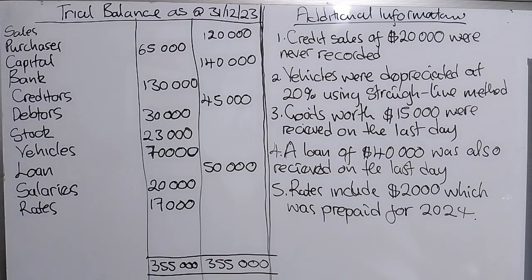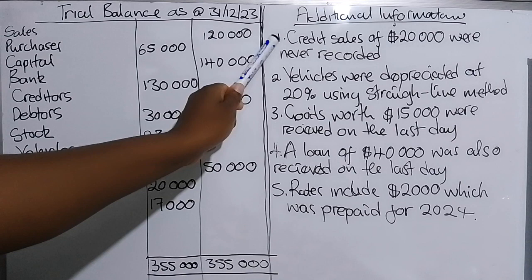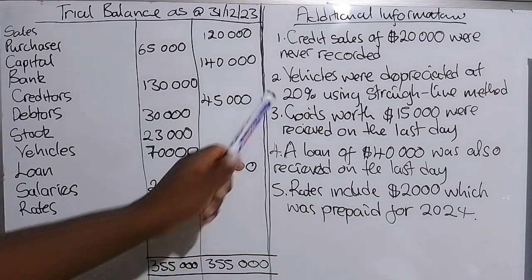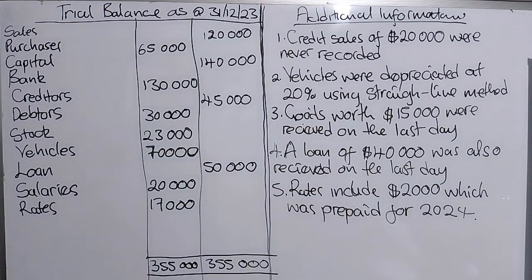Then we move to additional information. Number 1: credit sales of 20,000 were never recorded in the books. The second, vehicles were depreciated at 20% using the straight line method. Number 3, goods worth 15,000 were received on the last day.